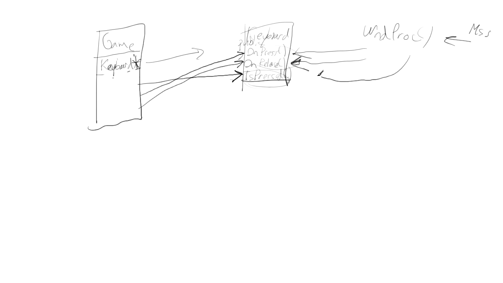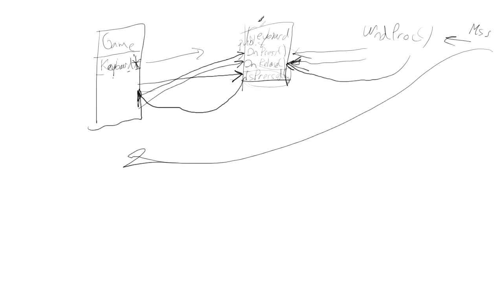The Windows procedure sends the information to the keyboard object, and that information then flows from the keyboard object to the game object when the game object calls this function. So it's a flow of information from here to here. But you could have some idiot try to call our onPress function from the game object, which is backwards information flow, and that breaks our paradigm.